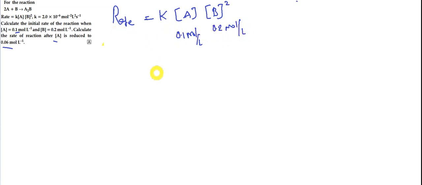And let us substitute in this equation the K value they had given, that is equal to 2.0 into 10 to the power of minus 6. Into concentration of A, 0.1, into concentration of B, 0.2 square, right?